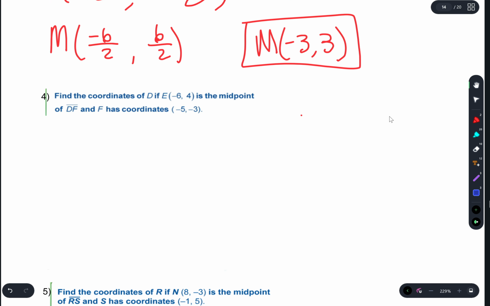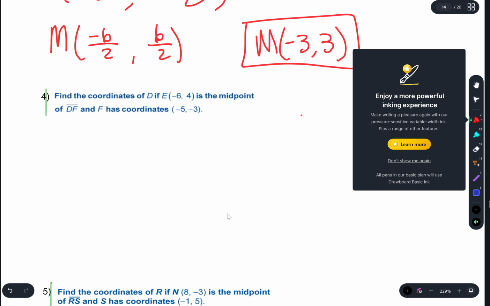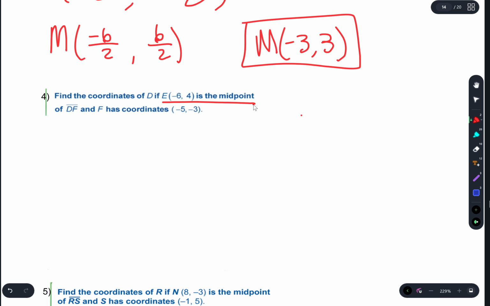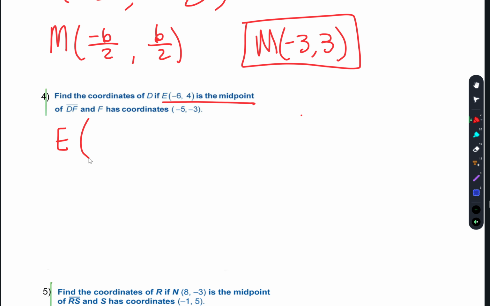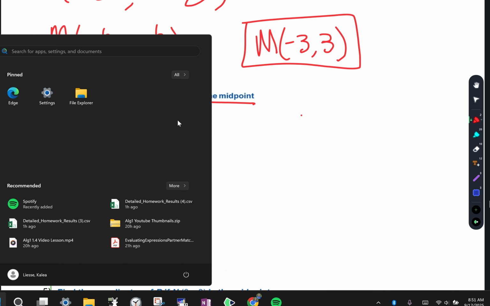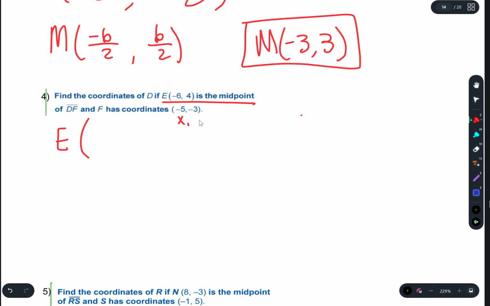So let's start. I know my midpoint is called E. E is the midpoint. And I know that midpoint is going to be made up of the average of my two endpoint values. My two endpoints are D and F. I know what F is. I have X1 and Y1. But I don't know what D is.